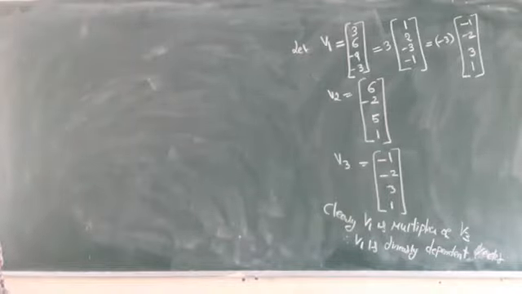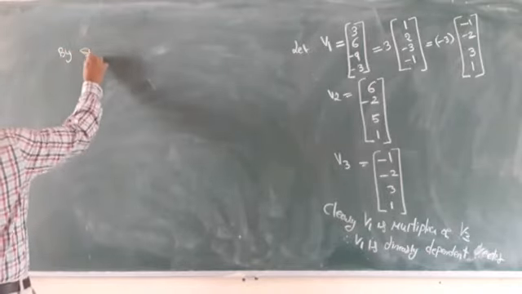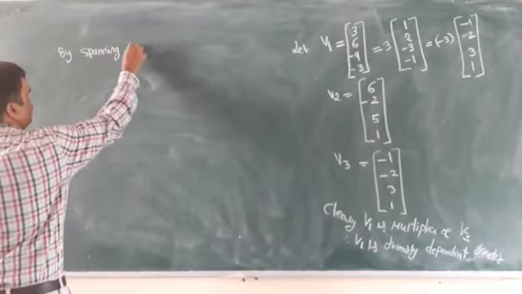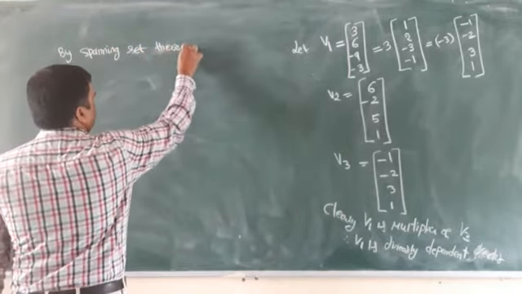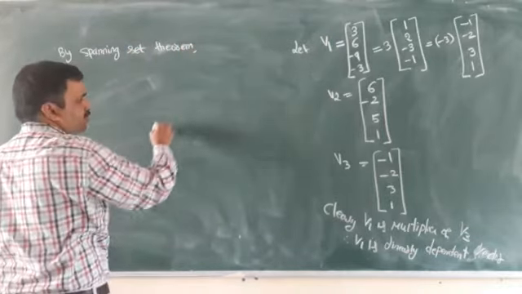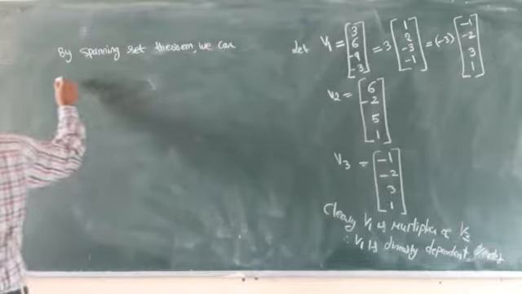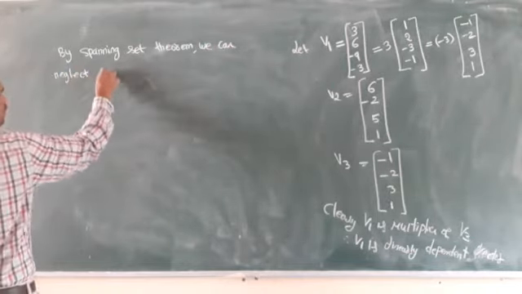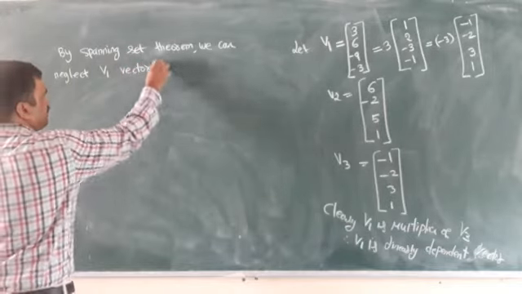By the spanning set theorem, we can neglect the V1 vector because it is dependent.